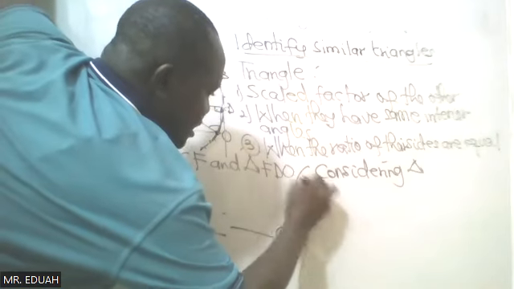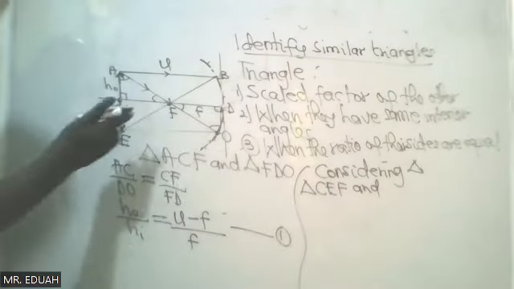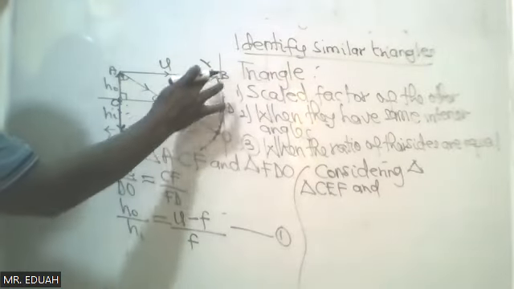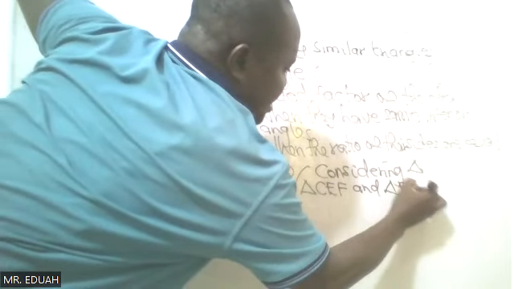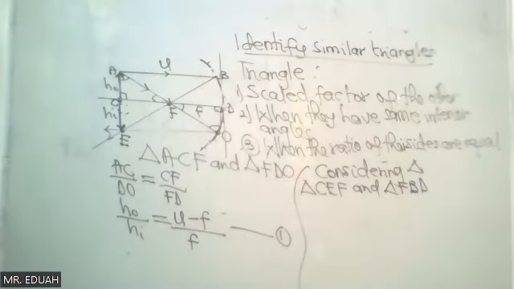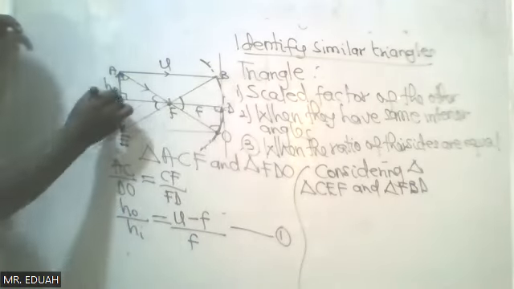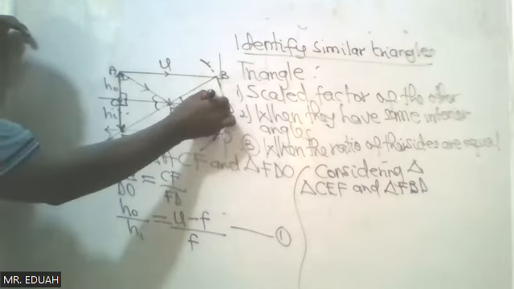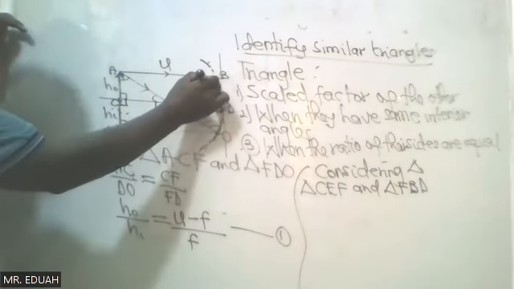Triangle CEF and triangle FBD are also similar triangles. We mean this one and this one. And when triangles are similar, they have the same interior angles. So this one is equal to this. This is 90, so is this side. And this side would also correspond with this one.